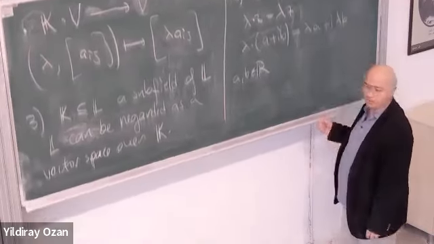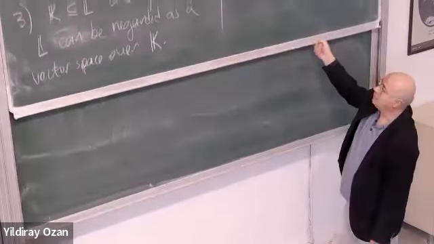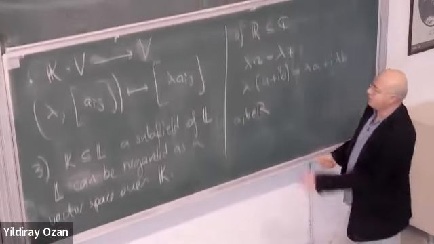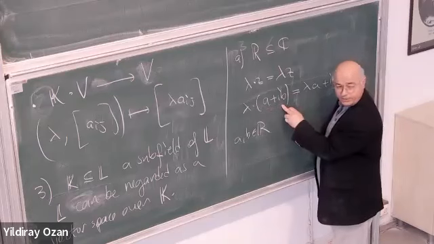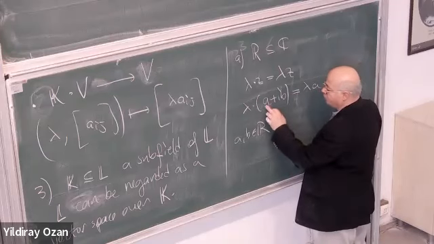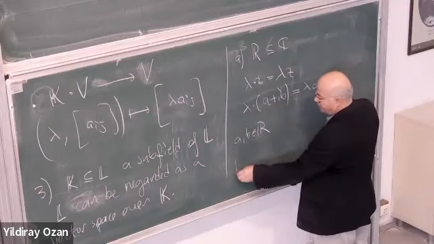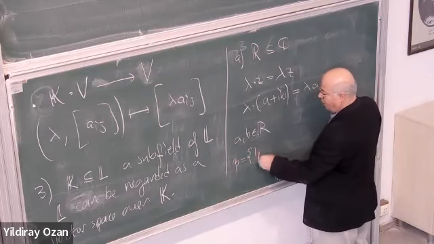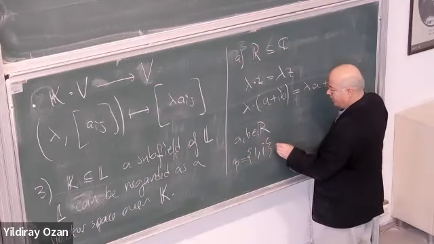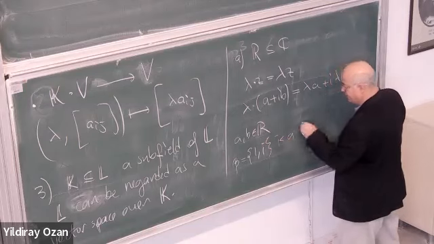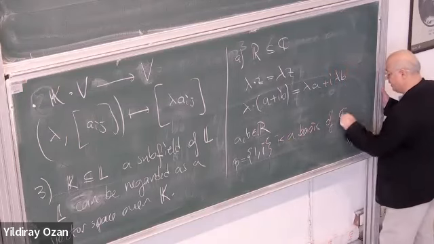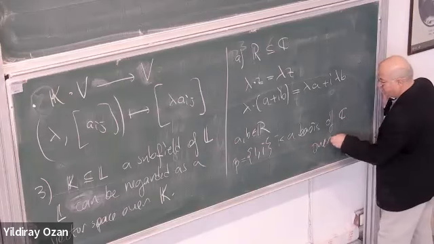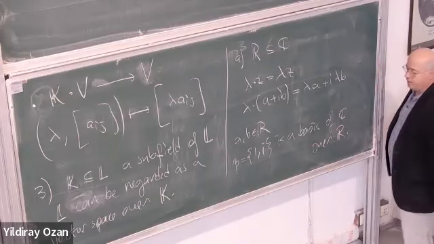Here, of course, any complex number can be written like this, right? Therefore, we may consider 1 and i as the basis of C over the field R, right?